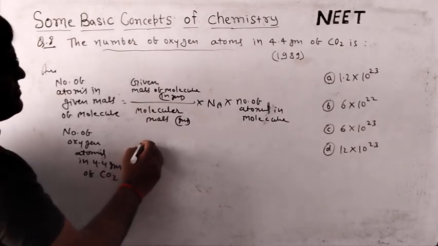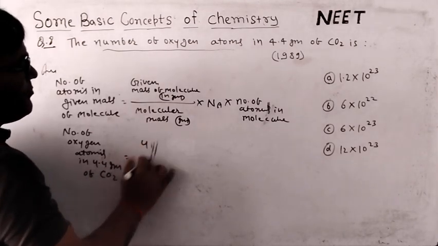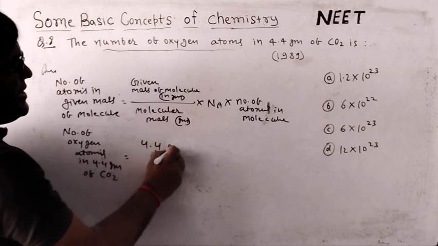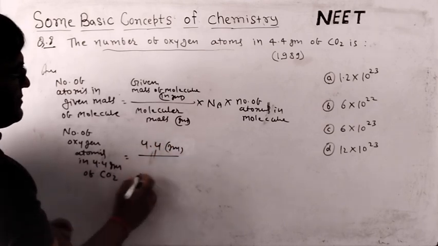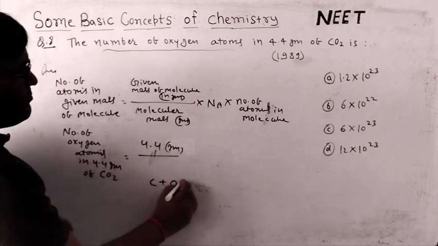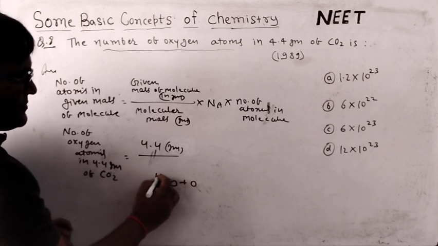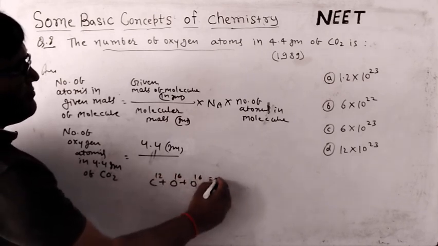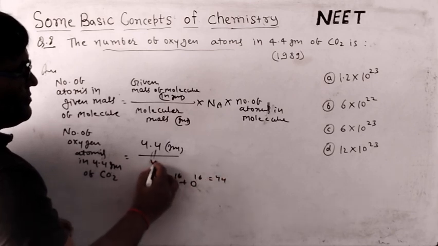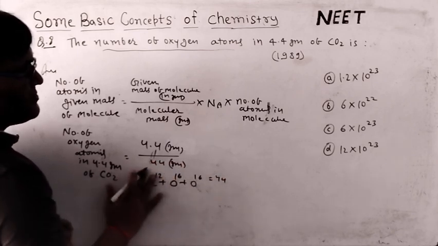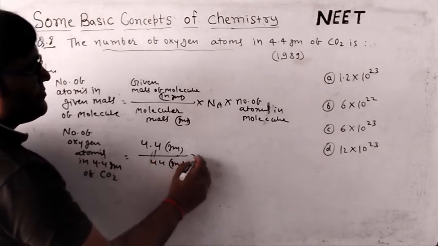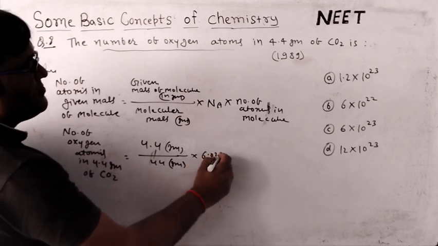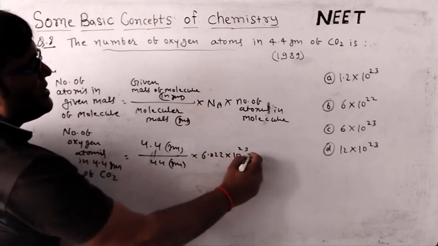Now given mass 4.4 gram divided by molecular mass C plus O plus O. So 12, 16, 16 and molecular mass is 44. Now 44 molecular mass of CO2. Now 6.022 into 10 to the power 23 is Avogadro number.